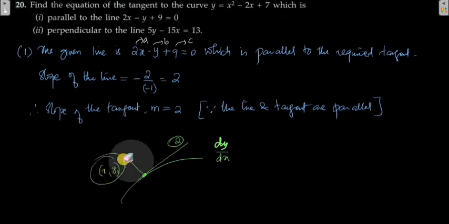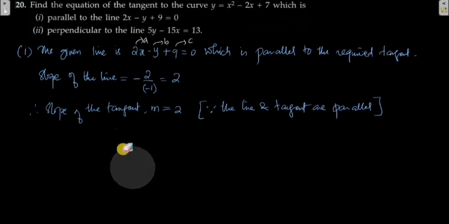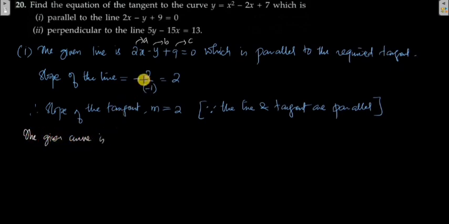Let me erase this. So the given curve is y equals x square minus 2x plus 7.